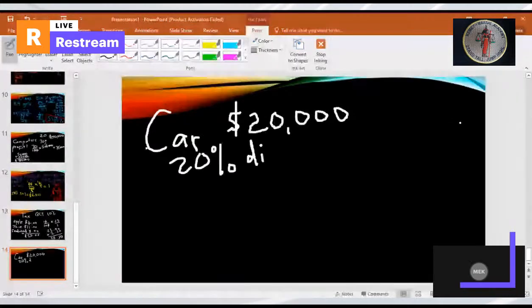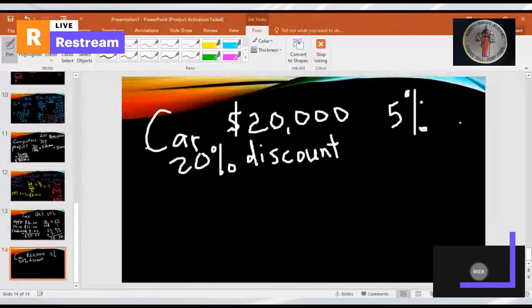There is a tax that we add to our car sales, and that tax is 5%. We have to add the tax first. We're still giving you a really sweet deal, but we just have to add this little 5% tax first, and then we can give you your 20% discount.